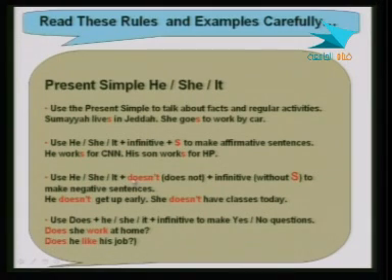Remember in the previous slide, we use do with I, you, they, and we. But with he, she, and it, and any singular subject, we use does, in addition to the negative word not. So does not, plus the verb itself, and we drop that s.